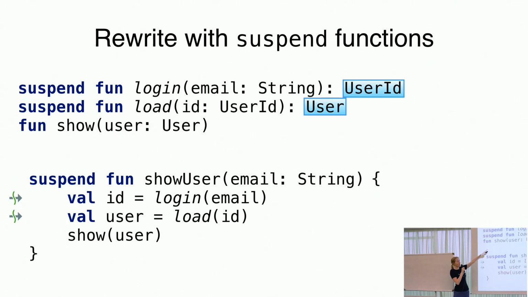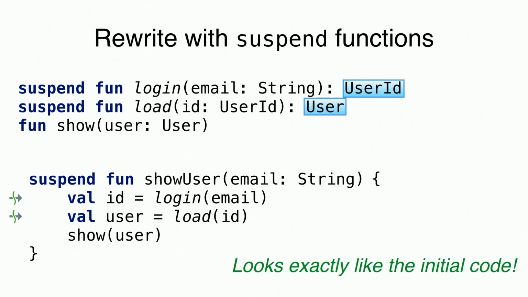And now our function returns what it returned before, in my very first slide, which was wrong. The login function just returns user ID, the load function just returns user data, and that's it. The only difference we made is this suspend modifier.